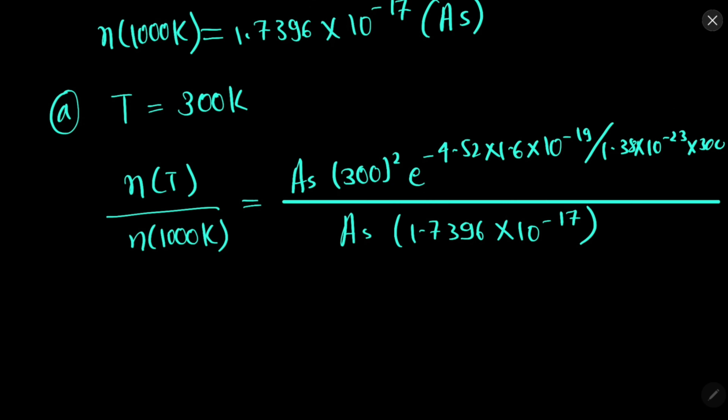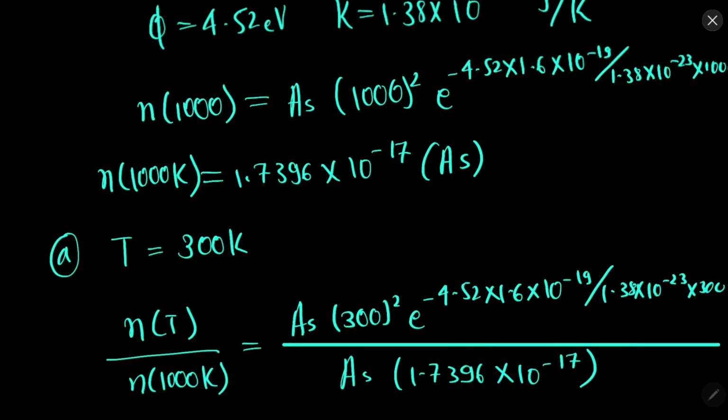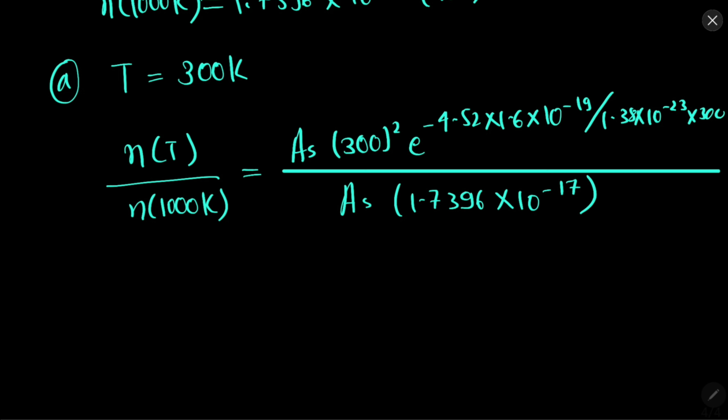A S is also there. So after simplification, this ratio will be 7.05 into 10 to the power minus 55.